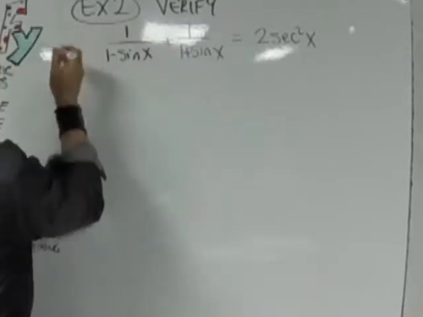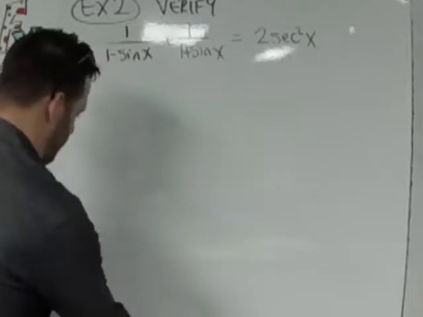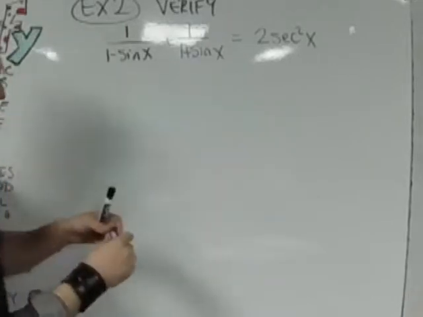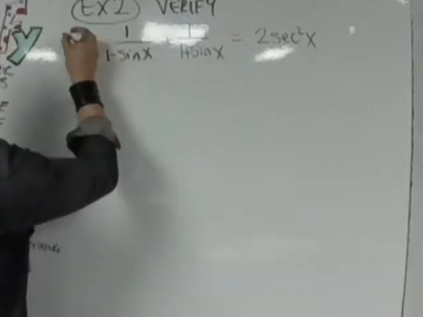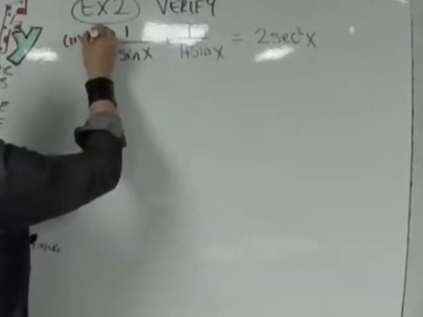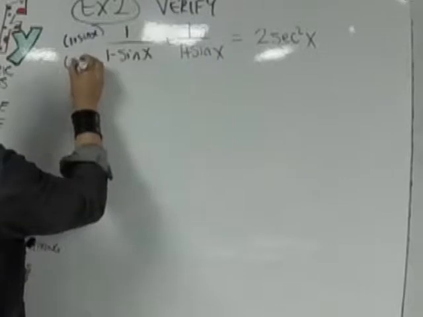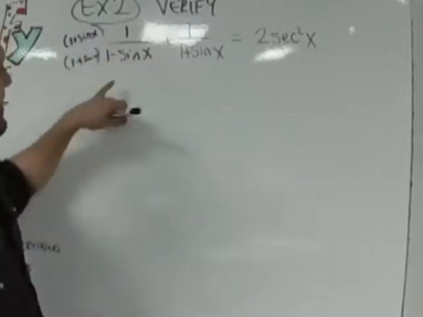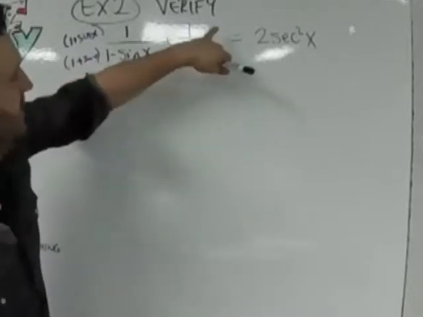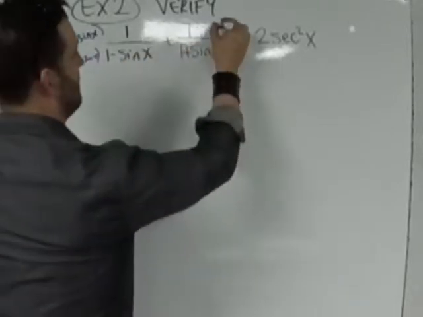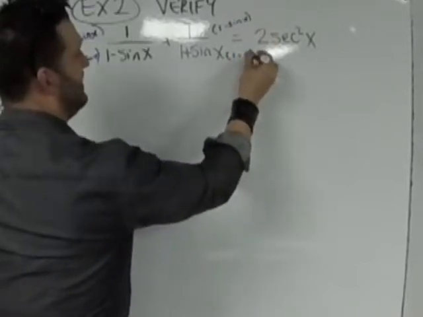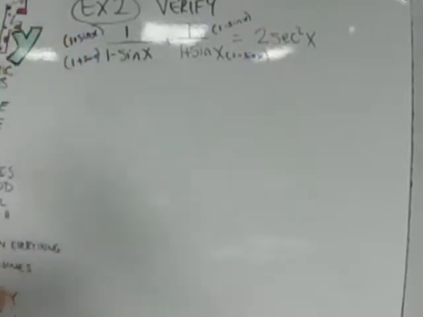So I'm going to use a different color, red, only if I'm using any of these identities. I'm going to put right here 1 plus sine x and 1 plus sine x. So I copied this denominator here and here, and then I'm going to take this denominator and put it here and here, which is 1 minus sine x and 1 minus sine x.